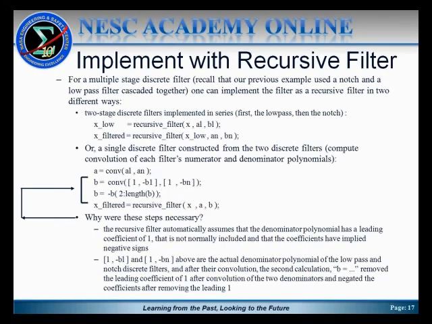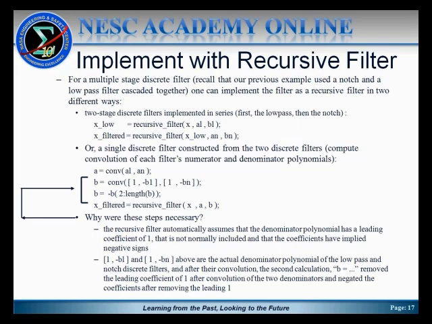The second temporary array has a leading coefficient of 1 and minus BN as the remaining coefficients in that array. The convolution of those two temporary arrays I'll store in an array called B. Following that convolution, I negate B and extract only elements 2 through the end of the array. In other words, I eliminate that first element.